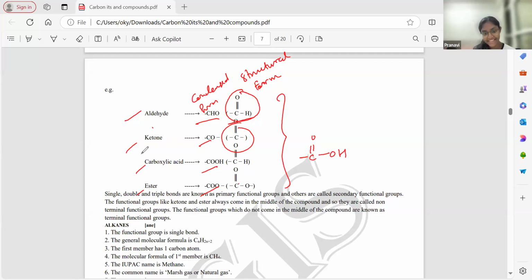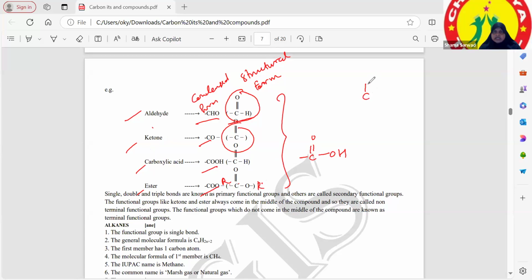It's quite interesting. Ma'am, for ester, it's COO, right? So C double bond O, because oxygen has two valencies. This side also an alkyl group will be there. Alkyl group can be represented with R. This side also an alkyl group can be there, and those alkyl groups can be the same or different. I'll show you the example.